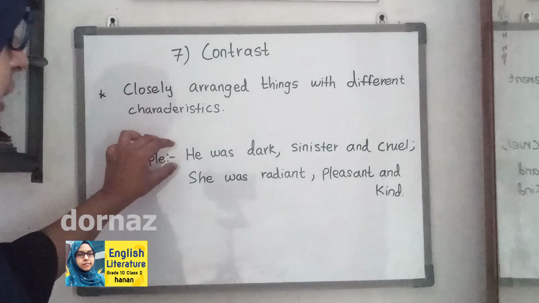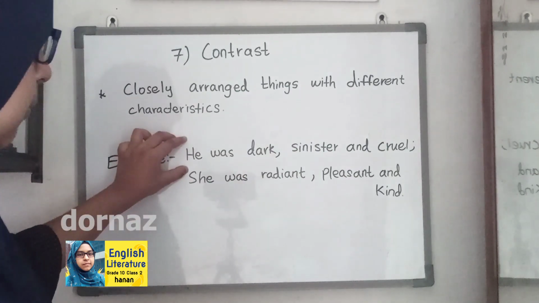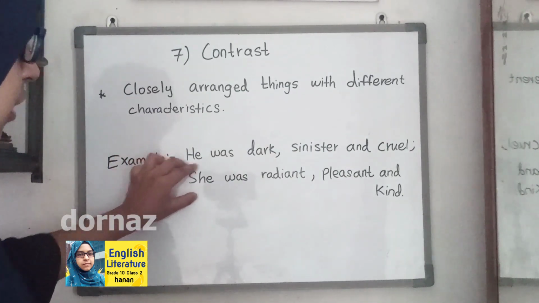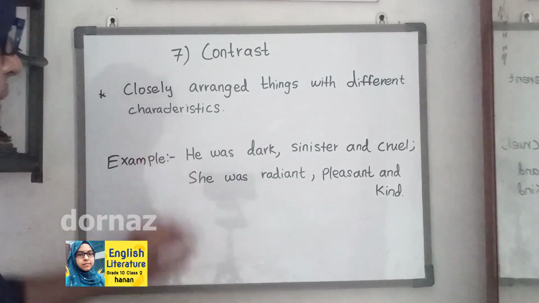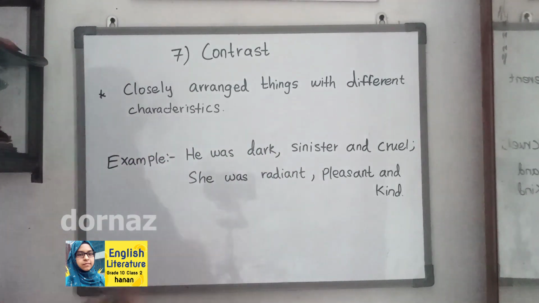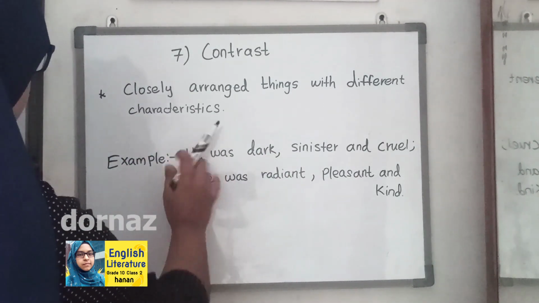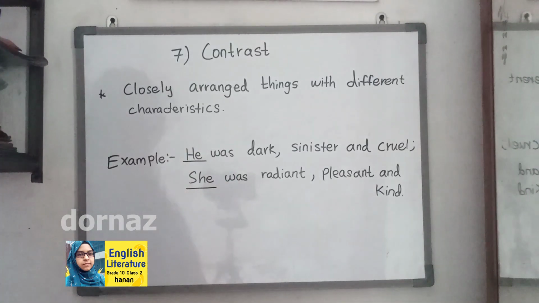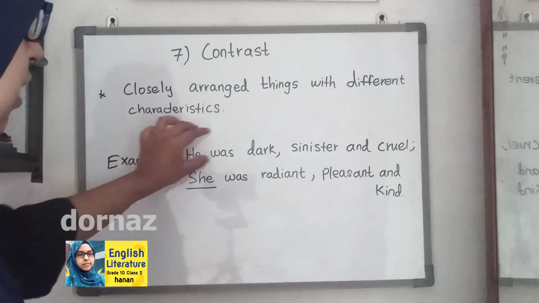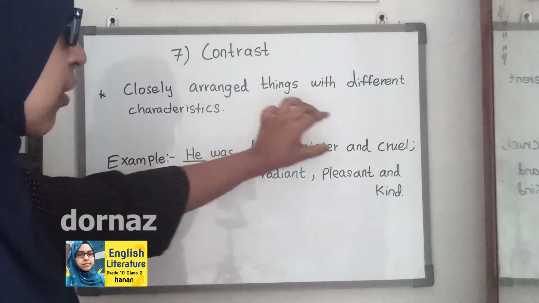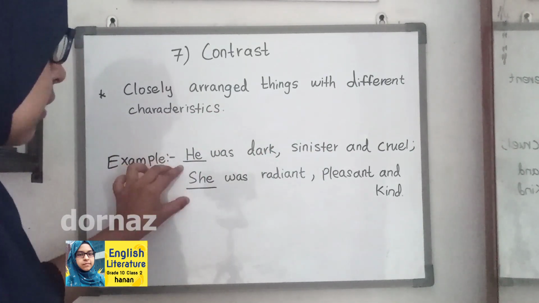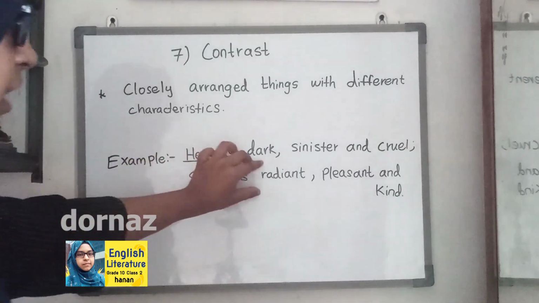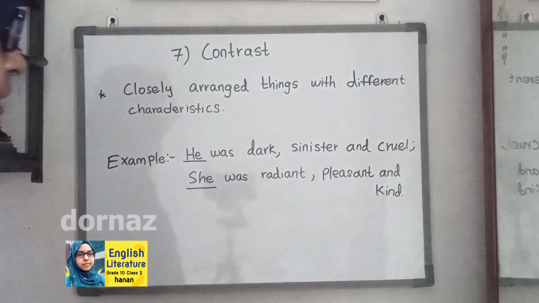Here, this line discusses a man, and the next line discusses a female. You can identify that from the usage of the subjects, he, she. But the man is described as dark, sinister, and cruel. The lady is described as radiant, pleasant, and kind.